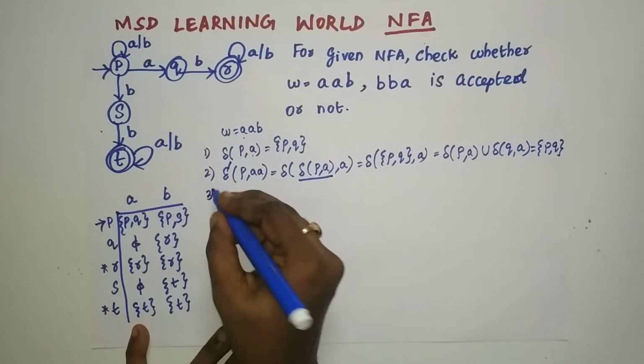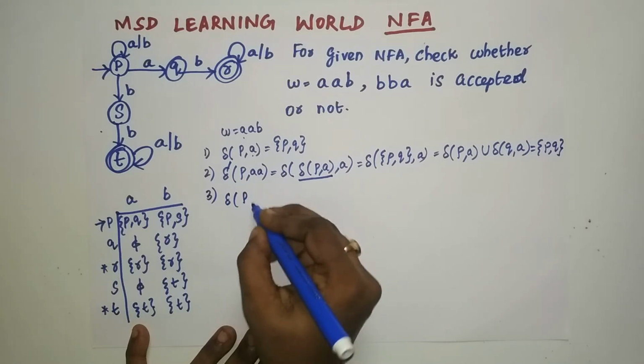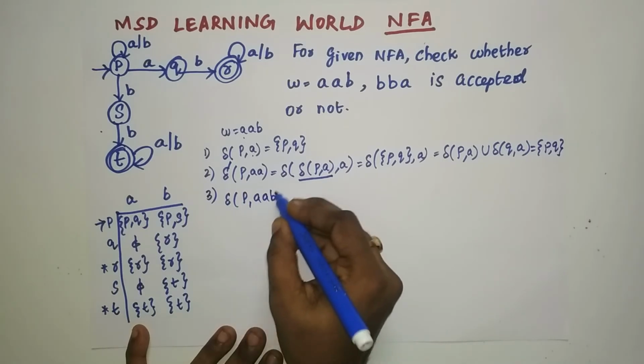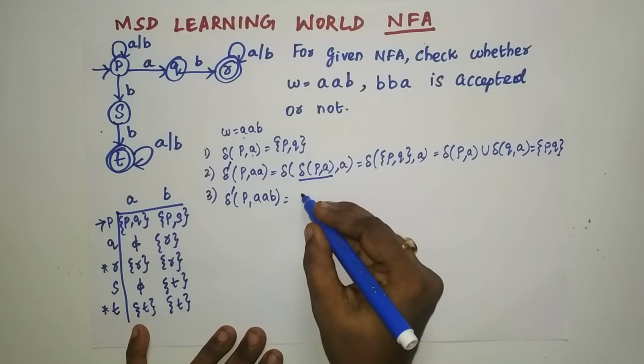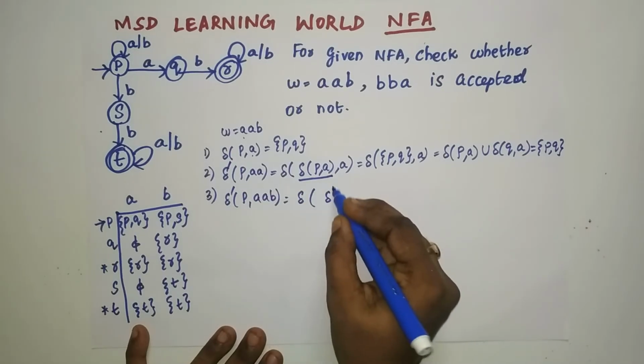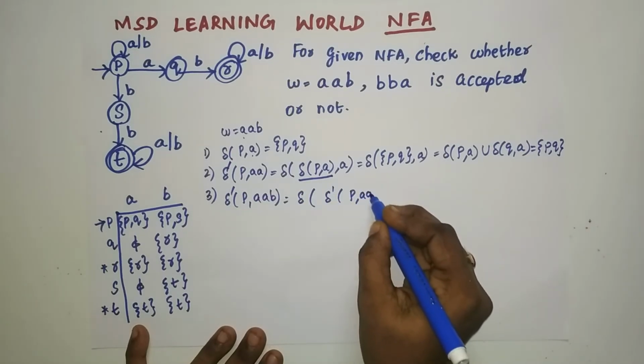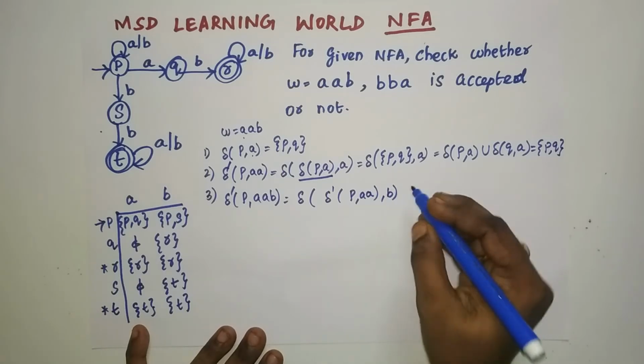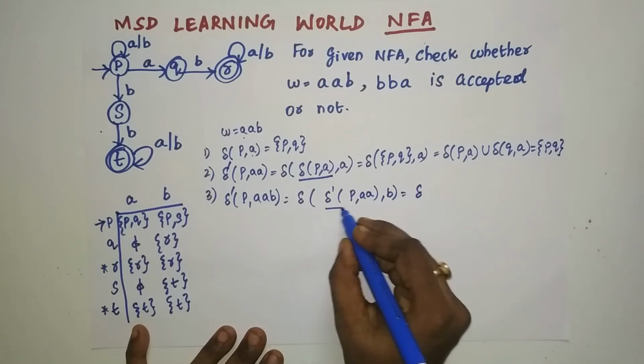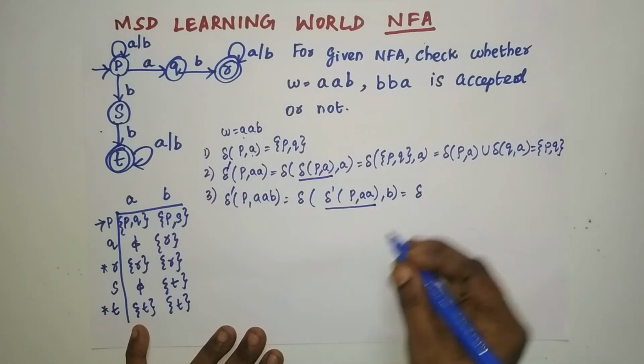Now the next step is del of P, AAB. This can be written as del dash of P, AA, B. Del dash of P, AA is {P, Q}.